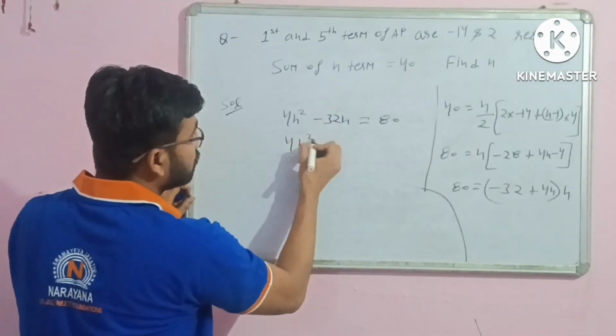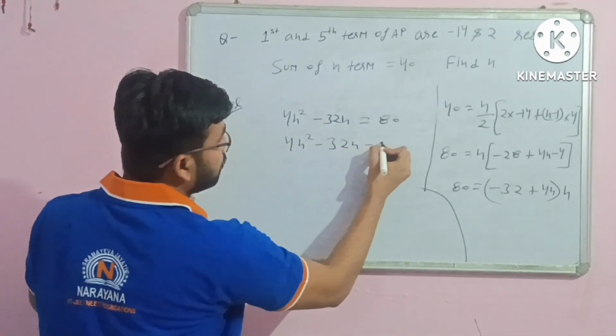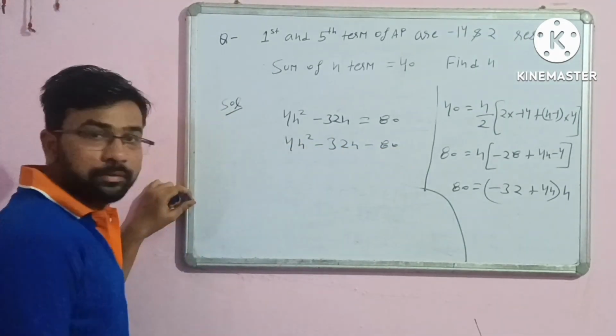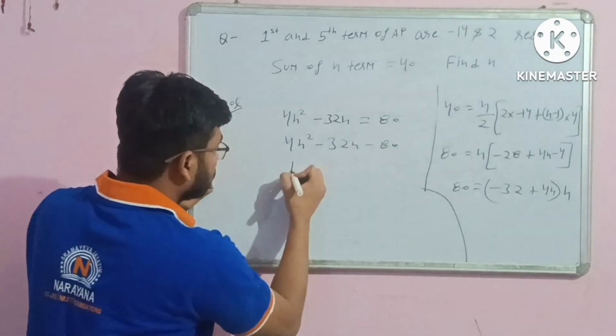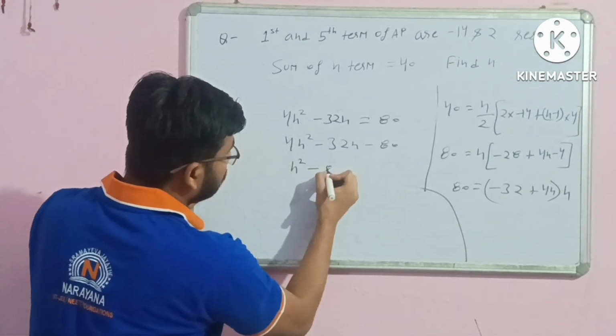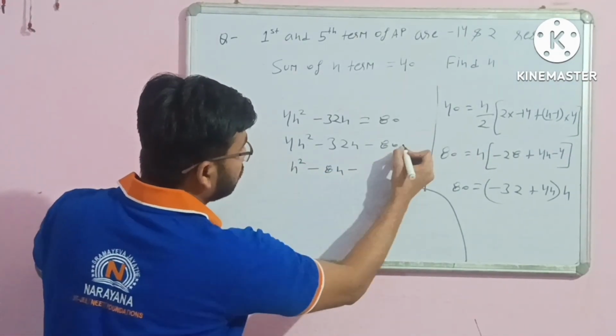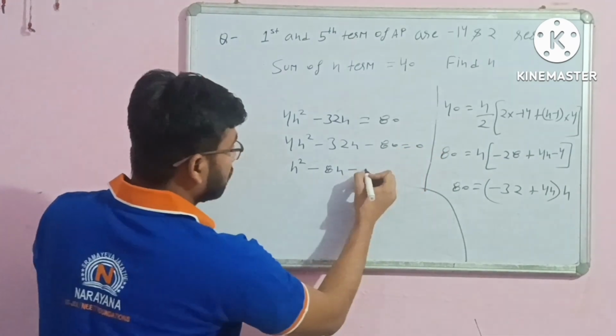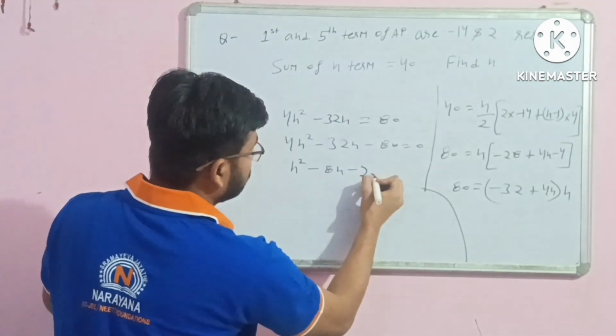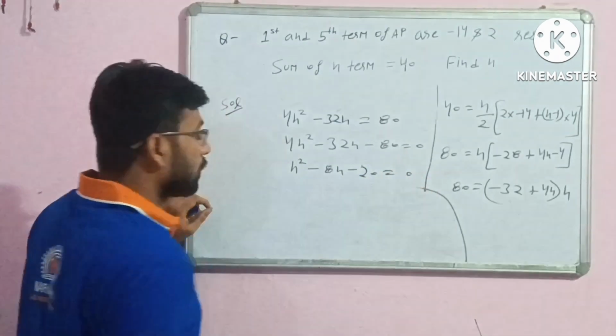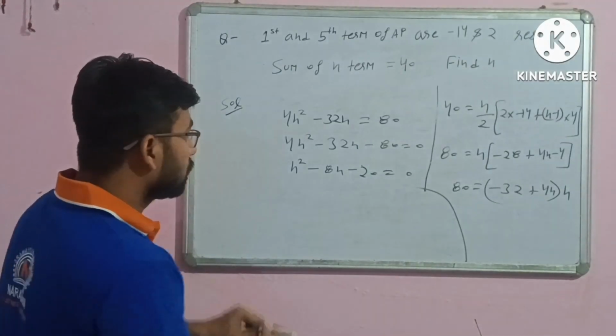So 4n square minus 32n minus 80 equals 0. Now we will divide this equation by 4. Then we will get n square minus 8n minus 20 becomes equal to 0.